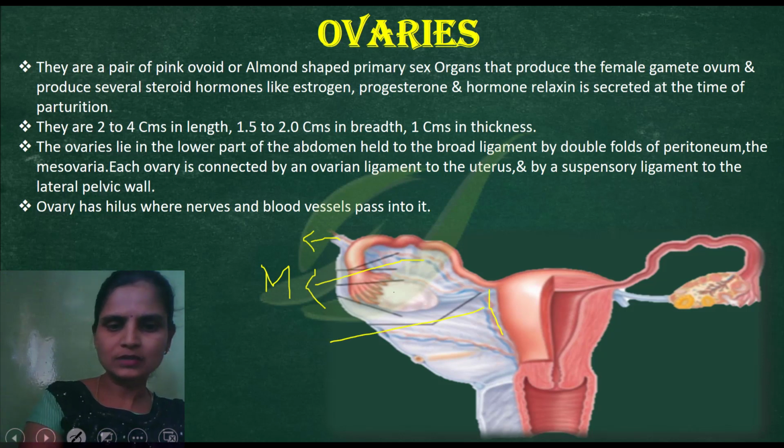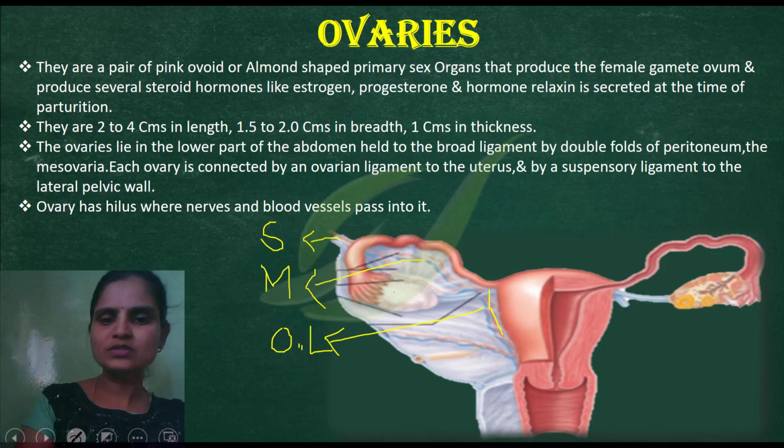These are the three ligaments which hold the ovary in position.